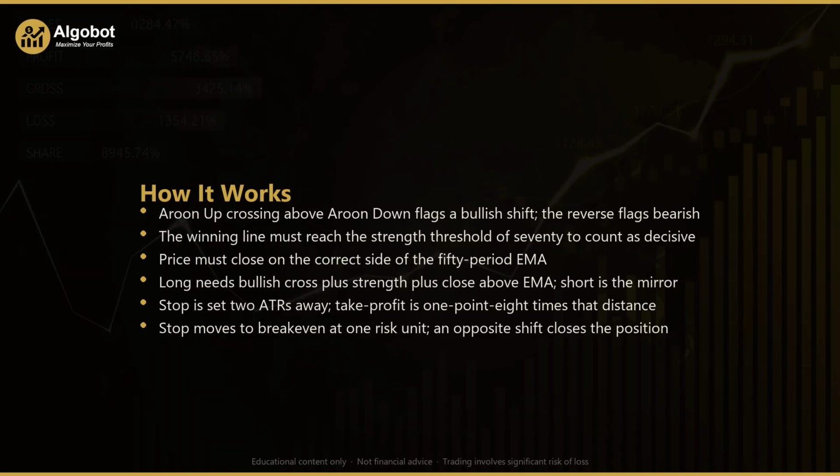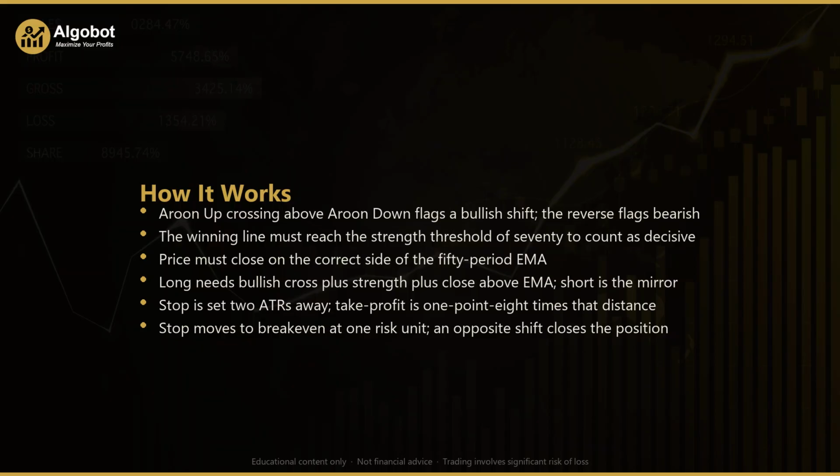For a short, the close is below it. Because these two filters are independent, one measuring the recency of extremes and the other measuring price against its own mean, together they sharply reduce false starts. So a long is signaled only when there is a bullish cross, Aroon Up is at least 70, and the close is above the moving average. A short requires the exact opposite on all three counts.